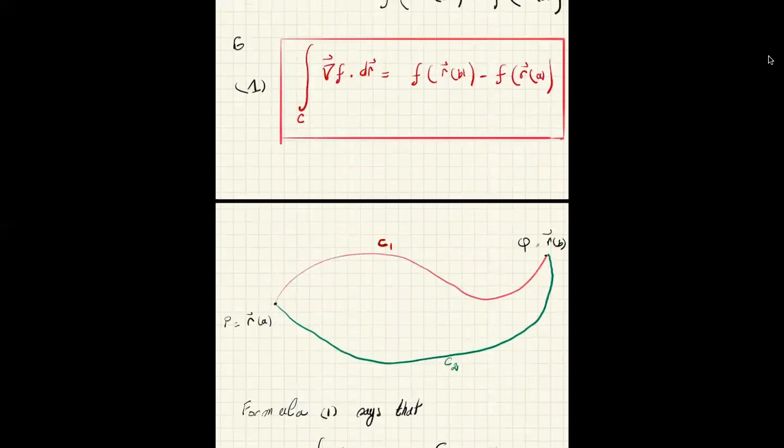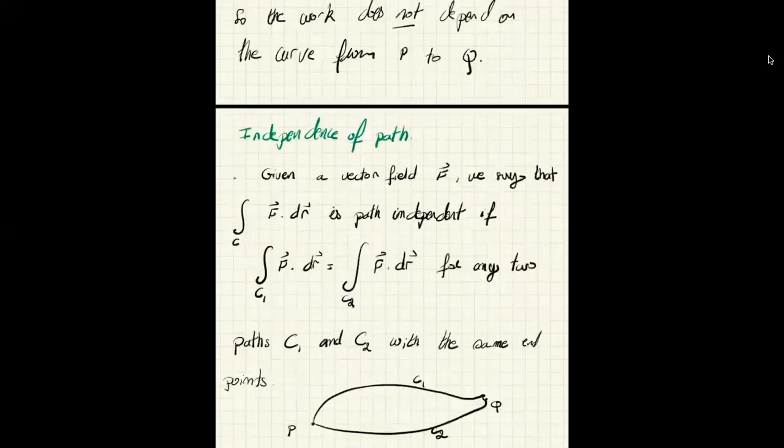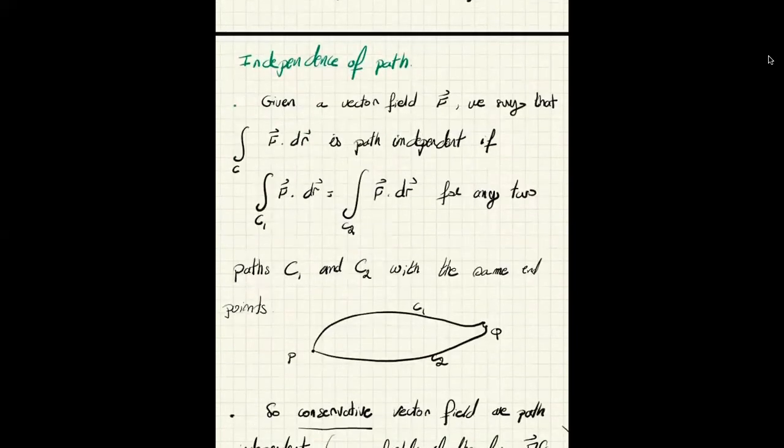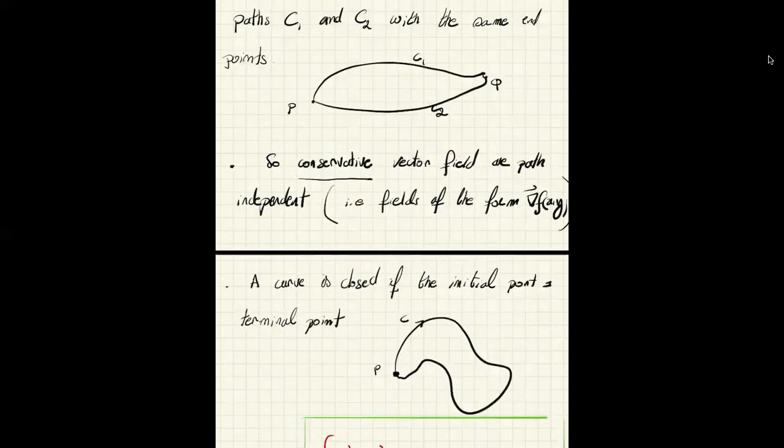So we realized that this does not depend on the curve. So we introduced the concept of independence of path, which means that a line integral does not depend on the curve you take from a point to another one. And conservative vector fields are those that have the form of a gradient.